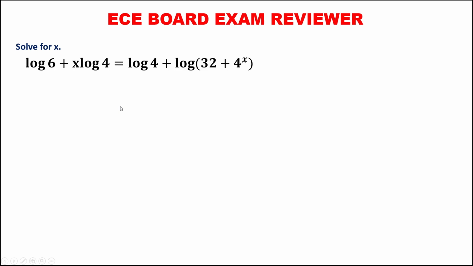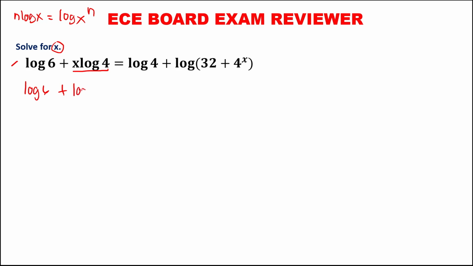So for this problem, to solve for the value of x, from this given, first, using the different properties of logarithm, this becomes log x plus, for this, from the power property of logarithm, n log x is equal to log x to the power n.